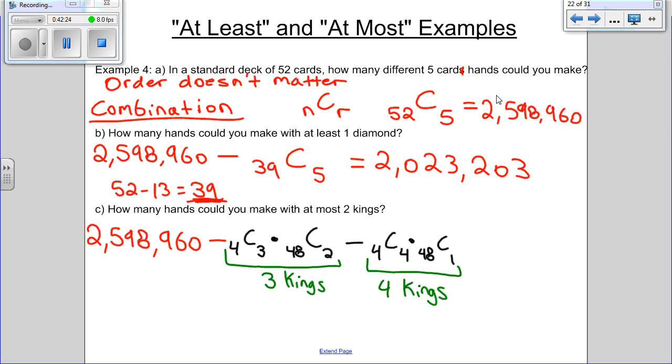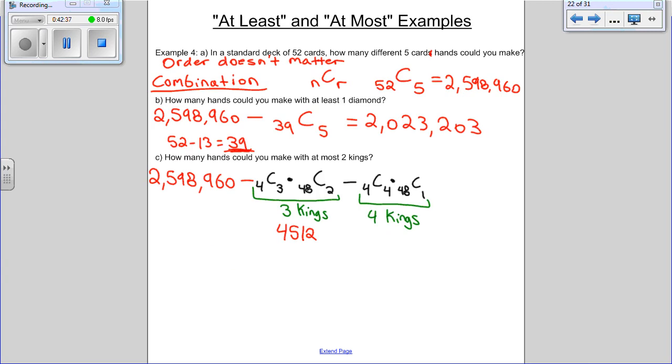And if you do the other one, there's 48 ways to do this. If you go that big number, 2,598,960, and you subtract 4,512, subtract 48, your total answer is 2,594,400. That's how many hands would have at most 2 kings.